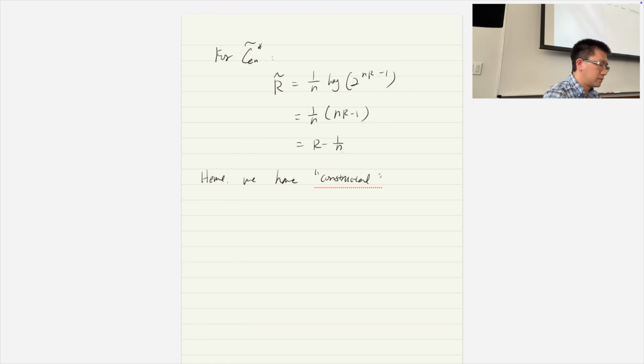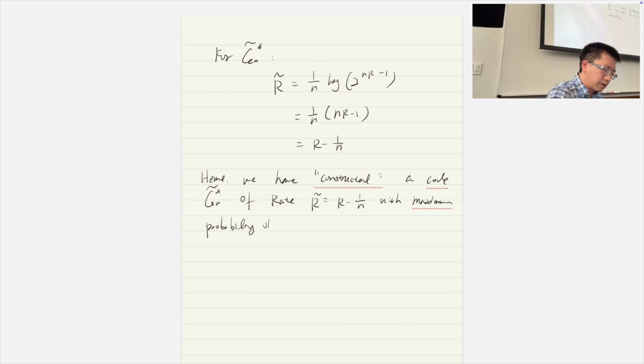We show the existence of a code, this C tilde, of rate R tilde equals R minus 1 over n, with maximum probability of error of this code, max, less than or equal to 4 epsilon. Okay, great. So that's basically the achievability part. We're done with the proof.